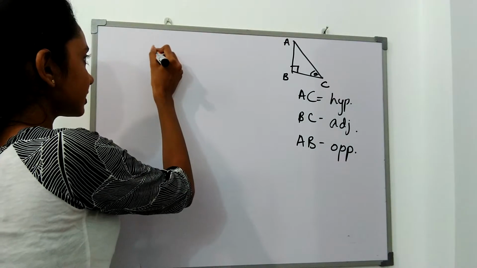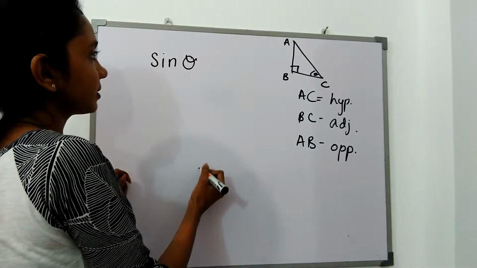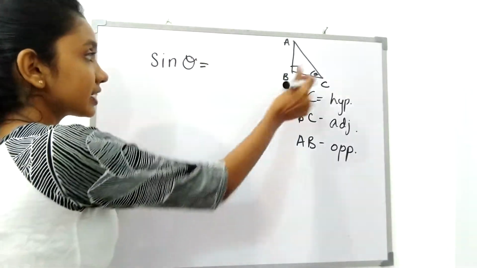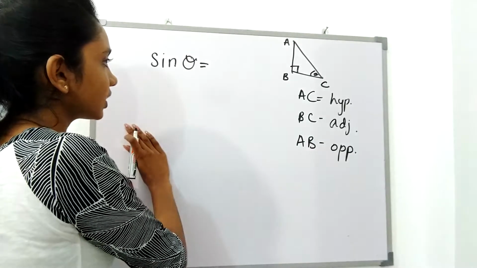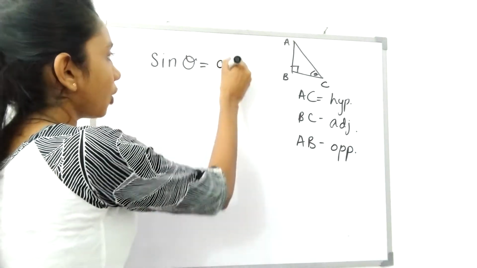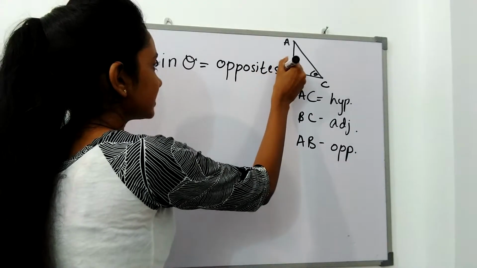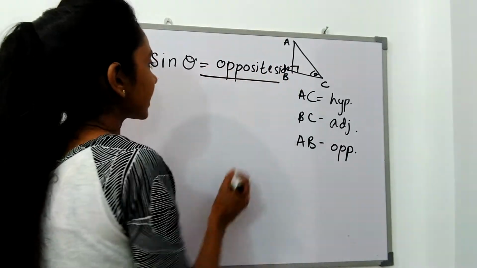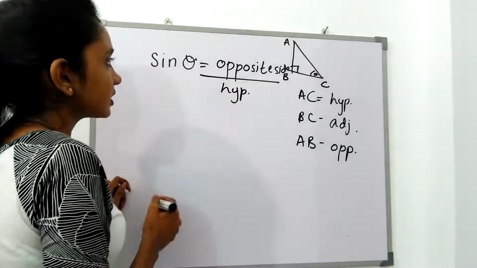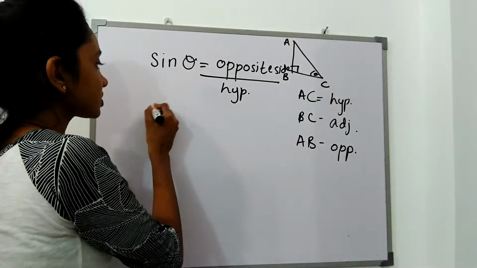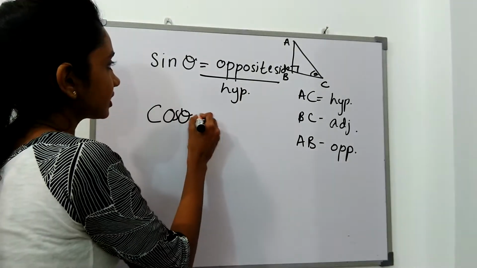First one is sine theta. We are considering this angle theta. Sine theta is equal to the opposite side, that means length of the opposite side over hypotenuse. There's another one, that is cos theta.